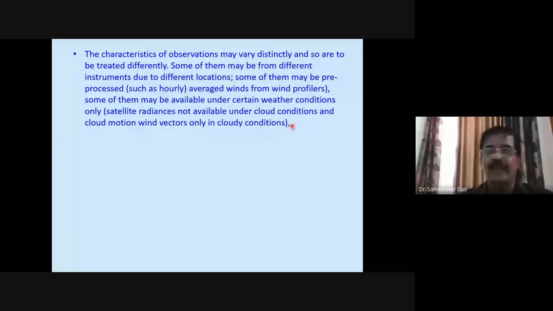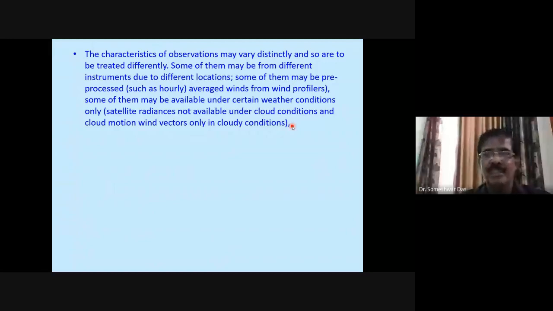But there are many countries which do not have a factory for manufacturing radiosondes, so they import. One of the most popular, widely used all over the world is the Vaisala company's radiosonde made in Finland.